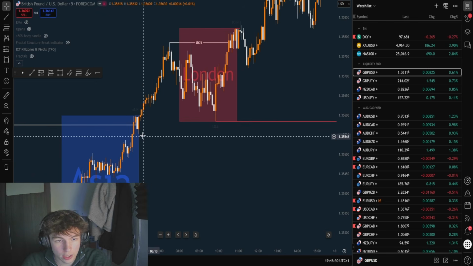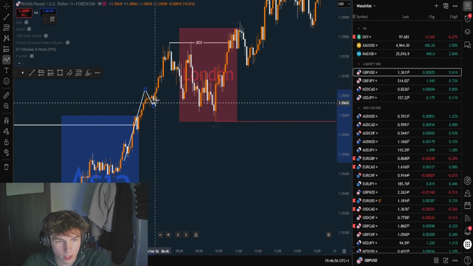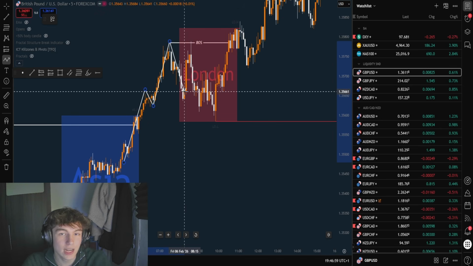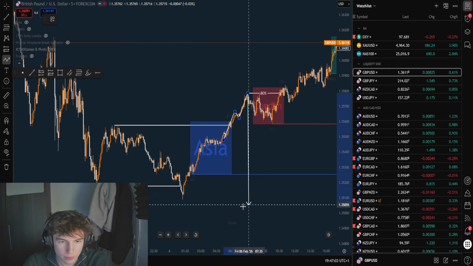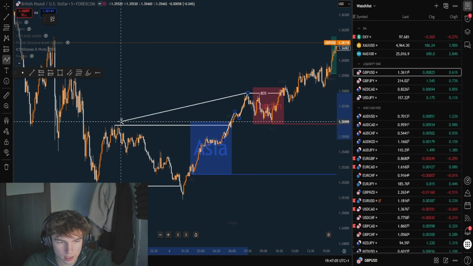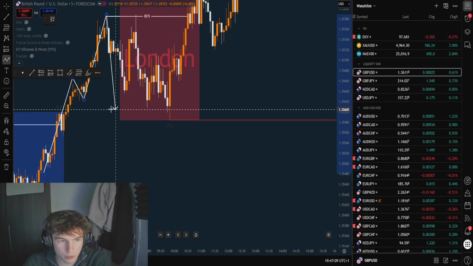So what we're going to be looking at is this. We want to create a high, a low, a higher high. So this is our internal structure, inside of our swing structure, right? Higher highs, higher lows here. We are going to be looking for a buy opportunity. We get a high, a low, we break structure towards the upside.